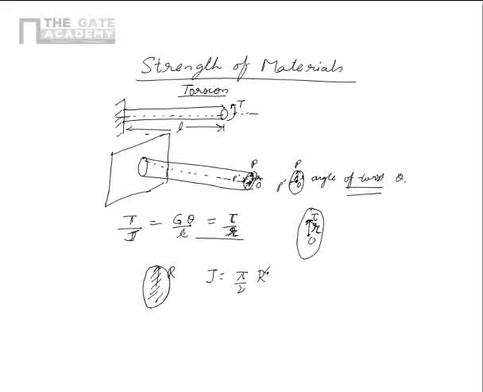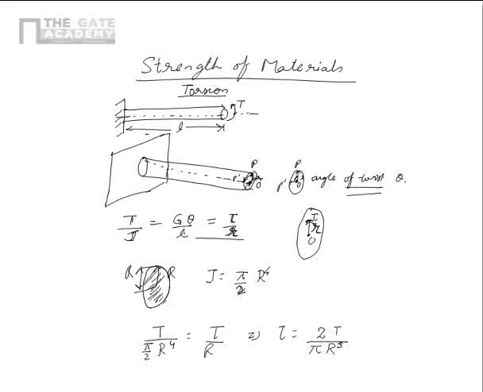This is the cross section and the radius is R. Now let's say for this problem, if we have to figure out the value of shear stress at the top fiber, we say T upon pi by 2 R to power 4 is equal to tau upon R, and I get tau is equal to 2T by pi R cube, and that is the maximum shear stress which occurs in this bar.